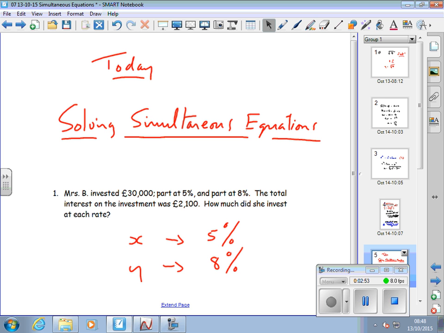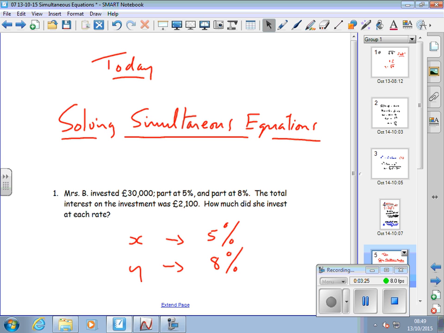So Mrs. B, she invests £30,000, part of it at 5%, part of it at 8%. So what's an equation I could say about this? What could I say about X and Y that must be true? Well, X is what she invests at 5% and Y is what she invests at 8%. That's true. So if I add X and Y together, it won't be 2,100, will it?